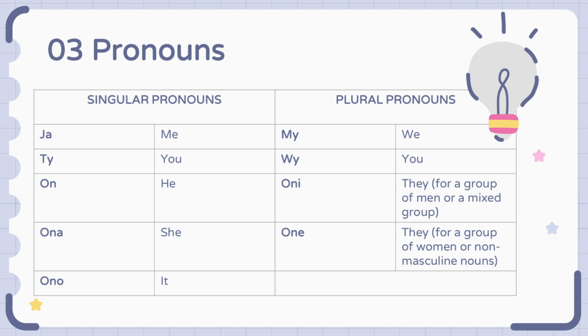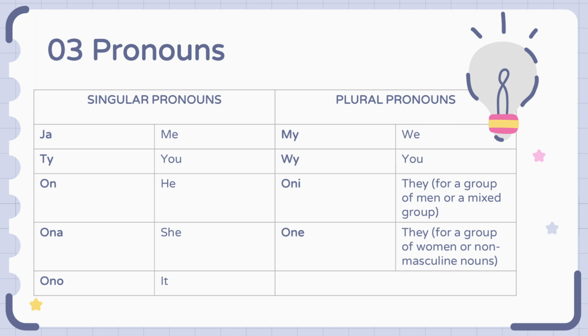Pronouns. So this one is not too complicated. It's just for you, we have different ones for singular and plural. And then for they, we do also distinguish both depending on gender. We can go from ja, me, ty, you, on, he, ona, she, ono, it, my, we, wy, you, oni, they.